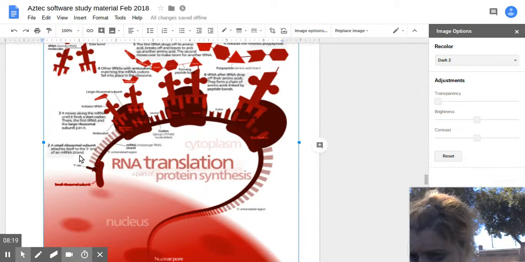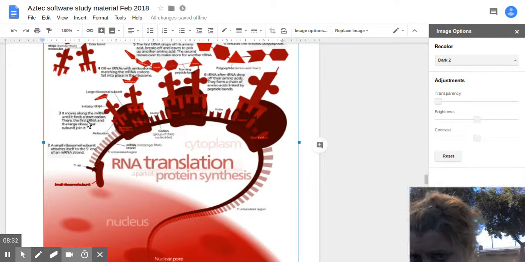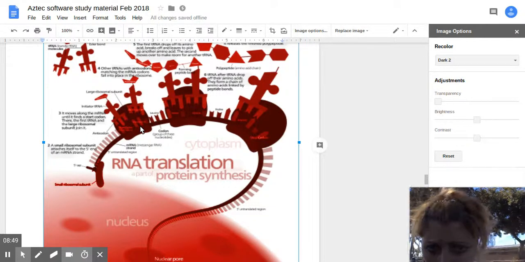So the small subunit of the ribosome binds to the 5' end of the mRNA strand. It goes along the mRNA to the start codon and uses the tRNA, and the large ribosomal subunit is used to join the tRNA to the mRNA.